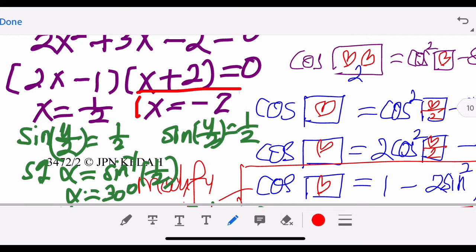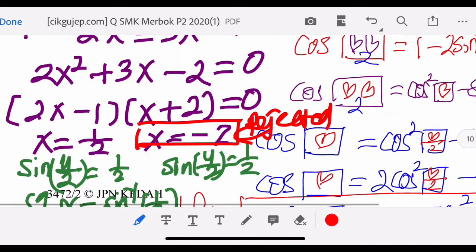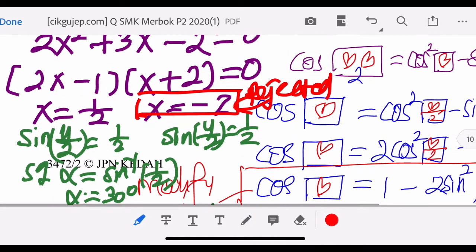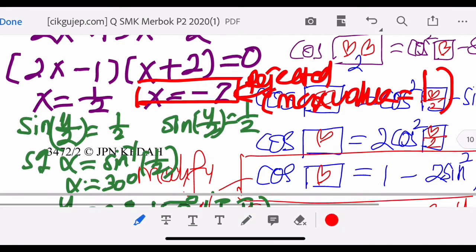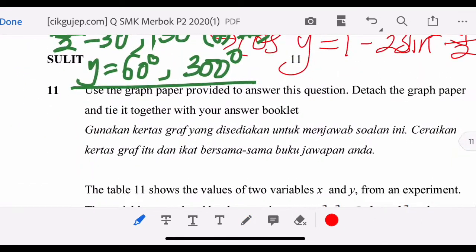For your information, for x equal to negative 2, we can just reject it because as you know, the maximum value of sine is 1 and the lowest value is negative 1. So once you see the answer exceeds the limit, more than 1 or less than negative 1, we will just reject it, and we don't want to waste time to go and solve it.